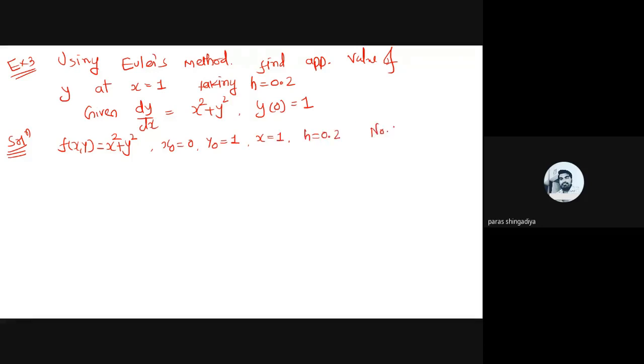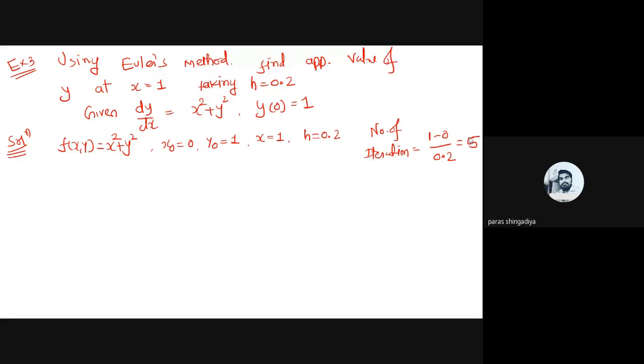So number of iterations will be (1 minus 0) divided by 0.2, that is equal to 5. So 5 iterations are required to find y of 1.